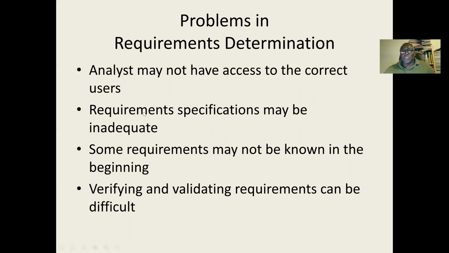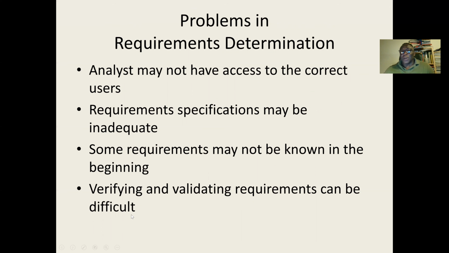Also, analysts may not have access to the correct users, and requirement specification may be inadequate. Some requirements may not be known in the beginning. Verifying and validating requirements can be difficult. These are some of the drawbacks of requirement determination, or I'll say the problems in requirement determination.